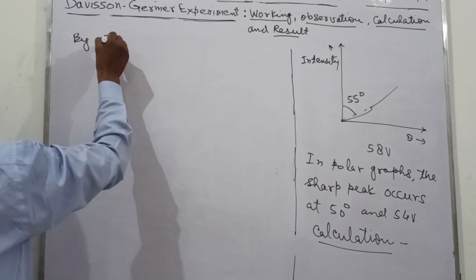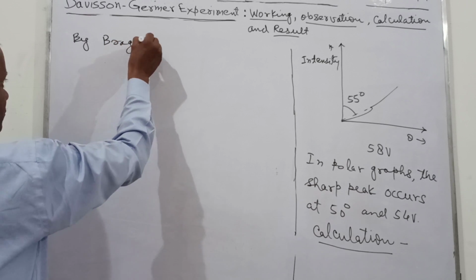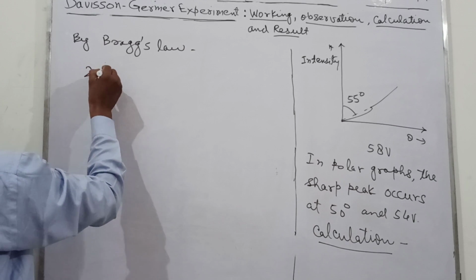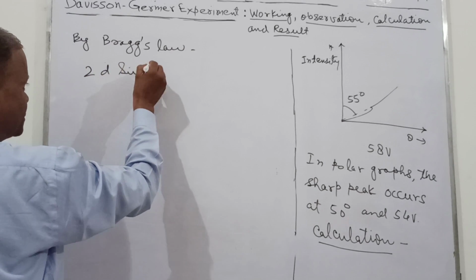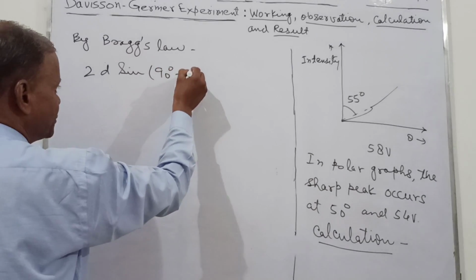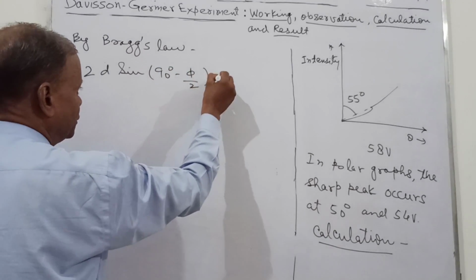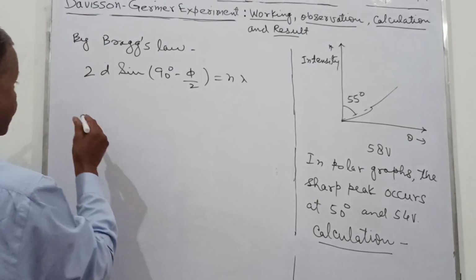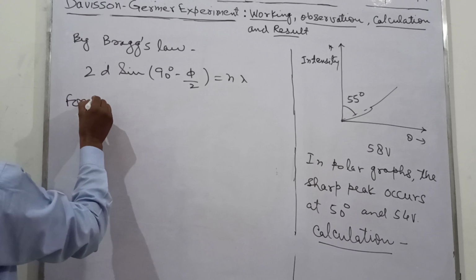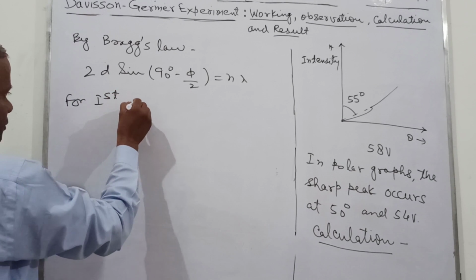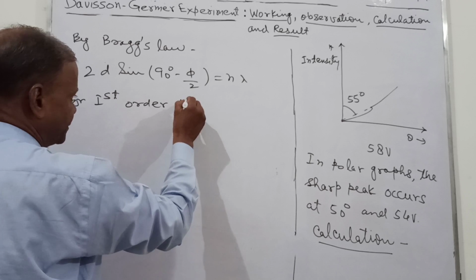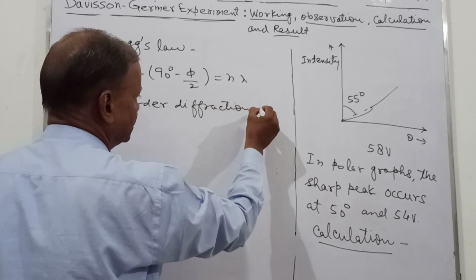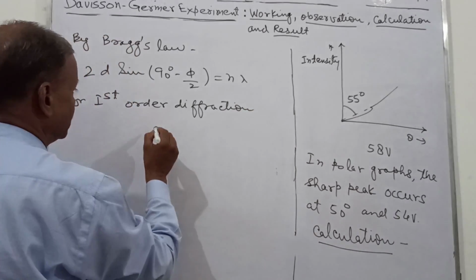Now, by Bragg's law, as I have told you earlier, 2d sin((90° − φ)/2) = nλ. So for first order diffraction, n is equal to 1.